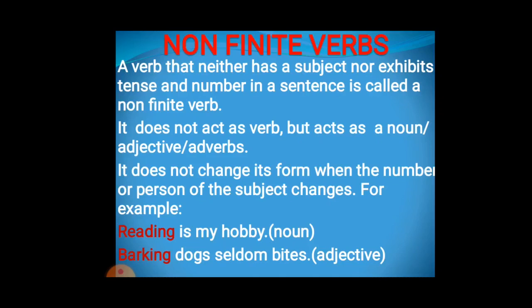Same way, let's see the second example. Barking dogs seldom bite. Now here barking is not a verb but it is an adjective, because we are describing the dogs here. Which kind of dogs seldom bite? Barking dogs seldom bite. So here barking acts as an adjective, not as a verb.